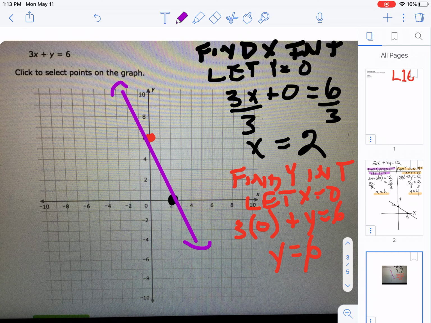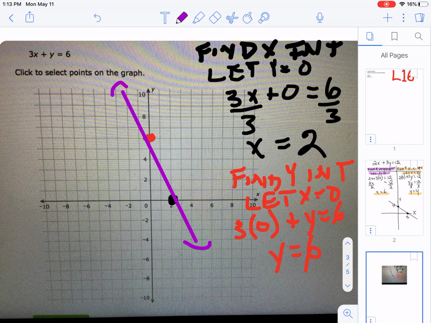Okay, now we're going to find the y-intercept by letting x equal 0. So we have 22 times 0 plus 77y equals, and I ran out of space, but it equals 15,400.